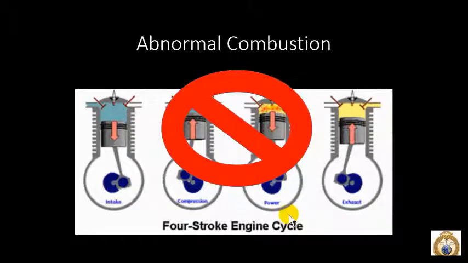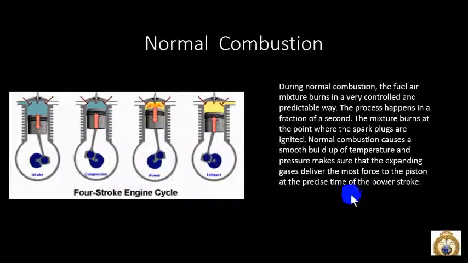Now we're going to talk about abnormal combustion. Remember from before we had our 4-stroke engine cycle: intake, compression, power, exhaust. Well, when abnormal combustion occurs, this does not happen. During normal combustion, the fuel-air mixture burns in a very controlled and predictable way. The process happens in a fraction of a second.